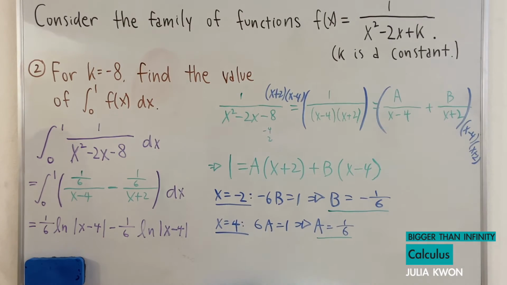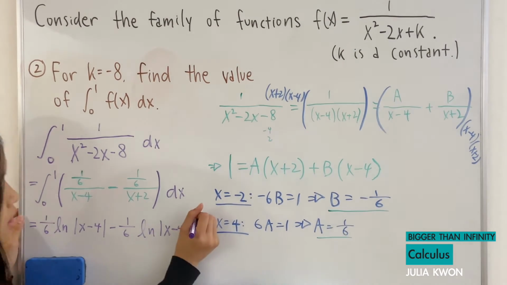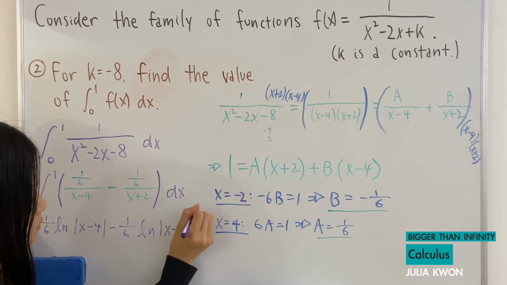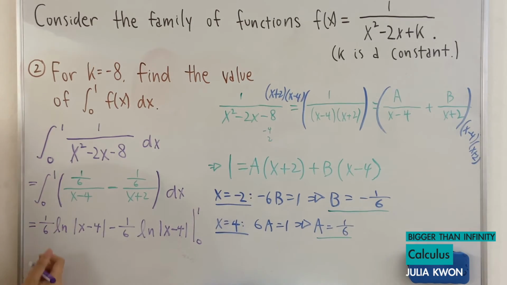After we take the integral, we'll get this, and then we're going to put in 0 and 1. Actually, we're going to use the law of logarithms to simplify this more before we substitute our x values or the intervals in.